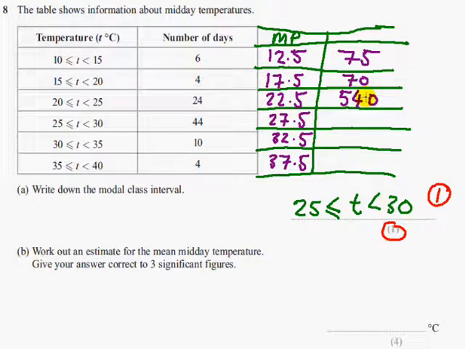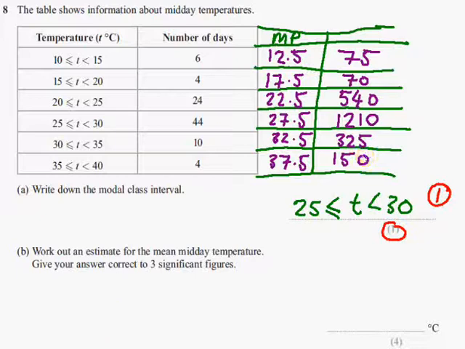There were 44 days that were 27.5 degrees, or we're assuming there is. That's 1,210. There was 10 days where they're 32.5 degrees. That gives you 325 degrees in total, and 4 days where it's 37.5 degrees. That gives you 150.